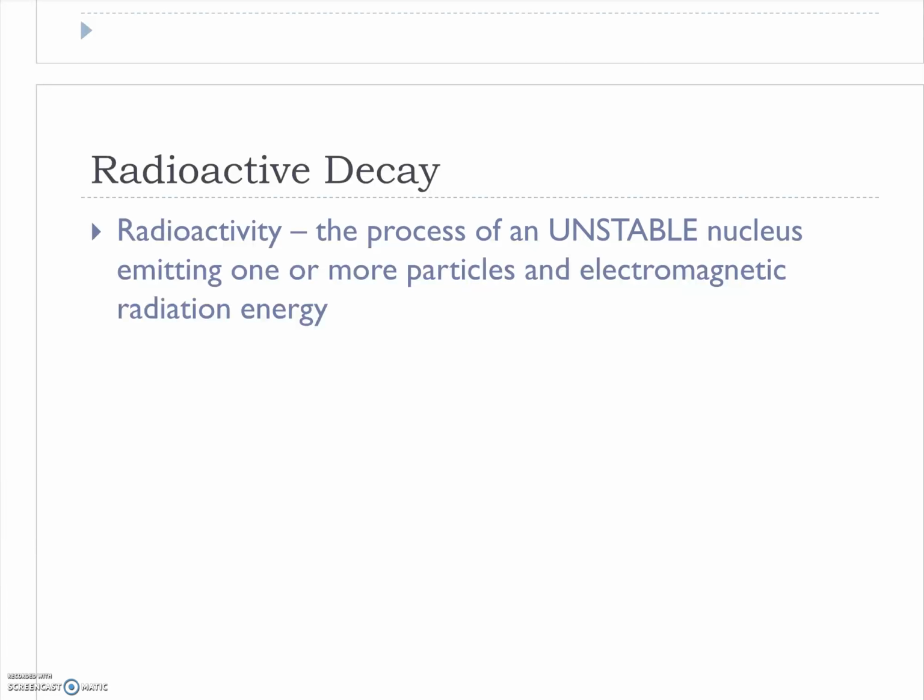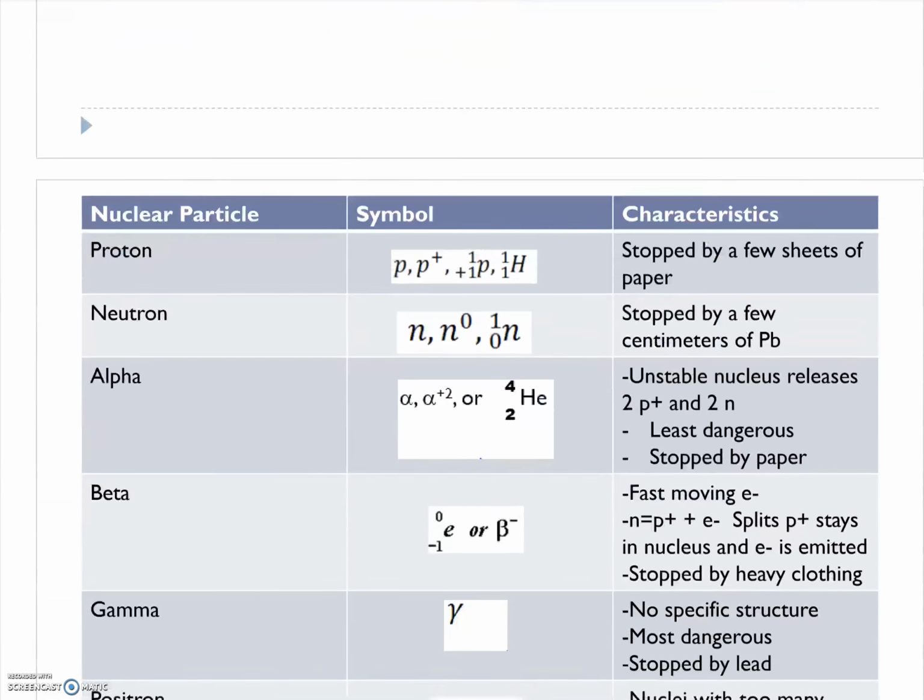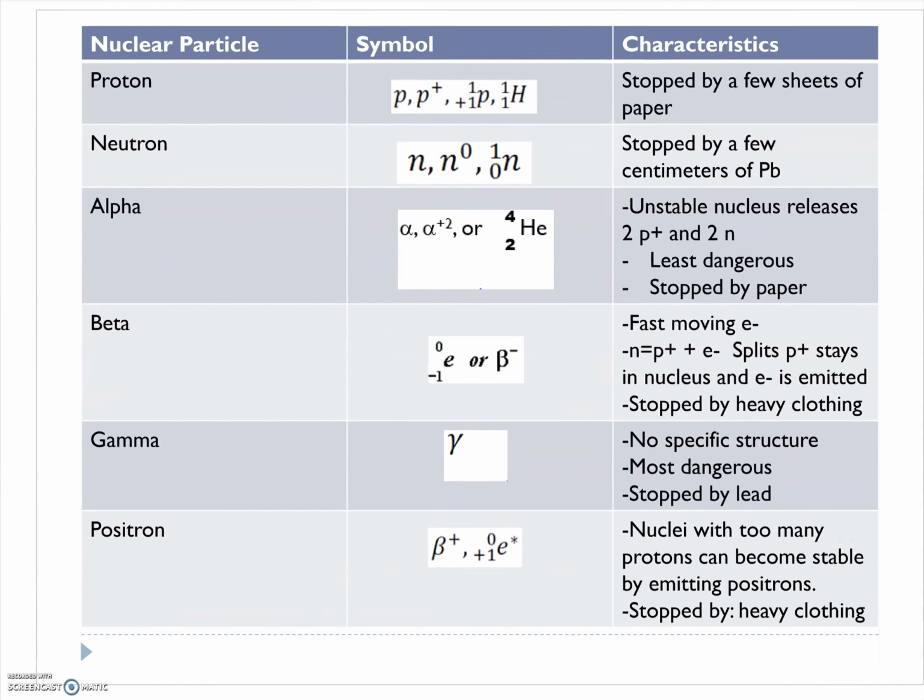Radioactive decay that causes radioactivity is when these unstable nuclei break apart and emit one or more particles and some energy. And the particles that we will be talking about are here in this chart. The proton, the neutron, an alpha particle, a beta particle, a gamma particle, and a positron.